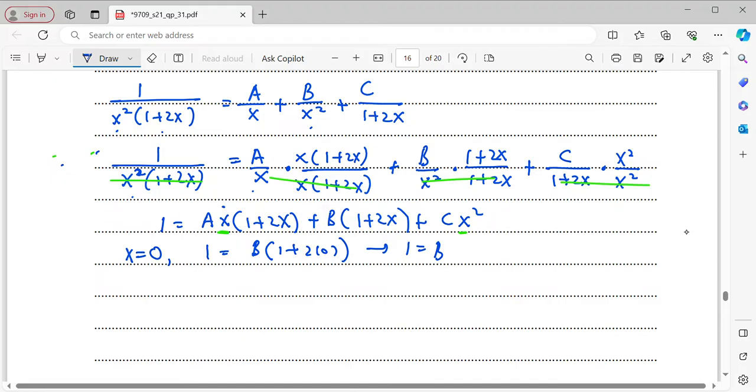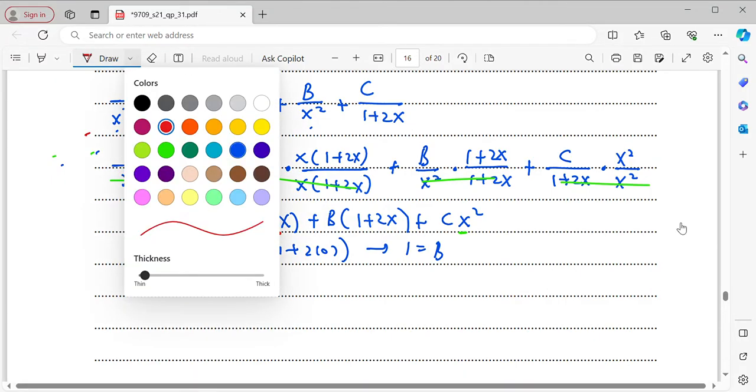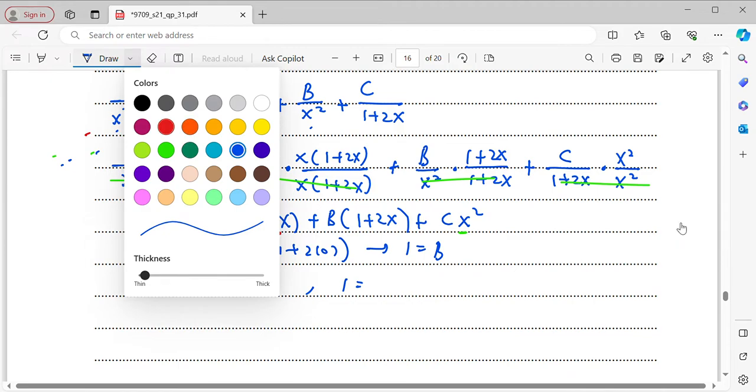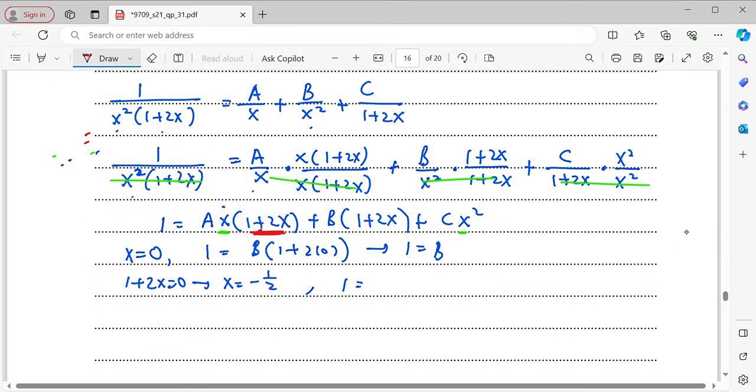Now, next is I will let 1 plus 2x be 0 to get the x value. So it means that my x is going to be negative half. So then left hand side is still 1, means that now as long as you see 1 plus 2x, this whole term is 0. Okay, which means I can find the C directly. Therefore, 1 is 1 over 4 C. Hence, your C is 4.